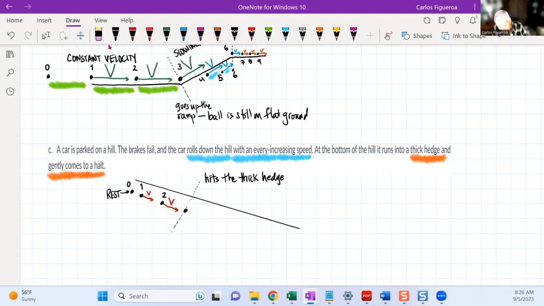So then the question comes to, what is the size of my vector at point 3? Is it the same size? Is it longer or is it smaller? Well, here we saw that it was speeding up. And then here we know that it has to slow down.